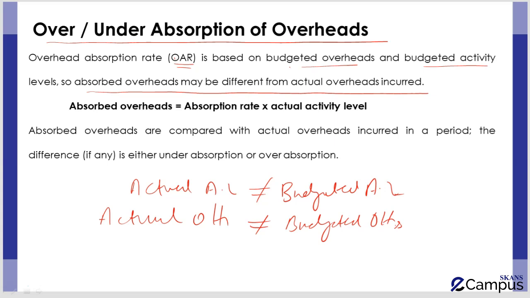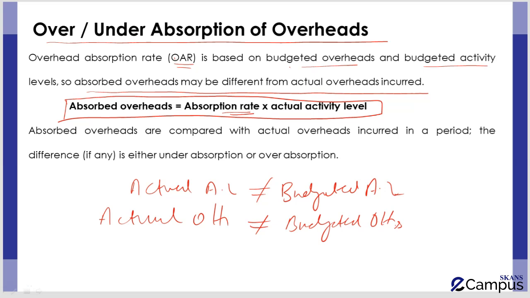Under or over absorption is the difference between two things: absorbed overheads and actual overheads. Absorbed overheads are calculated as actual activity level multiplied by the OAR, the absorption rate, and the answer of this calculation is compared with actual overheads. If there is any difference, the difference is either under or over absorption.